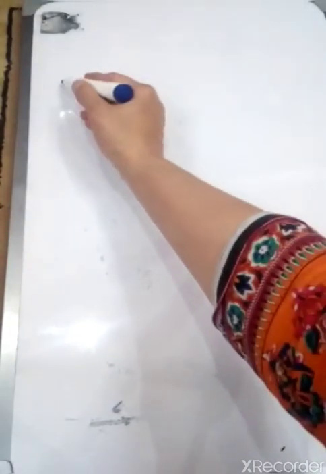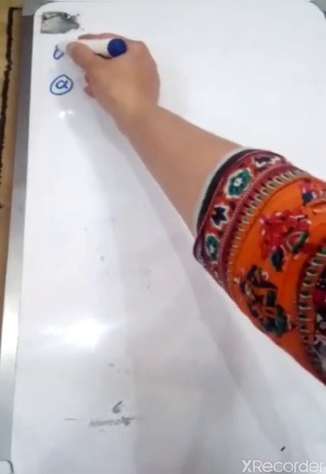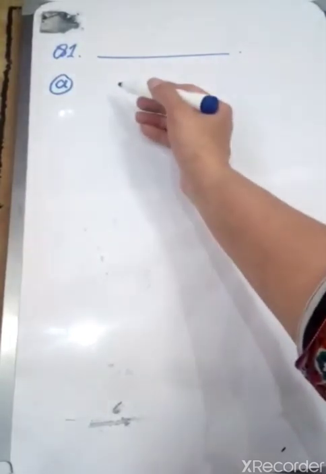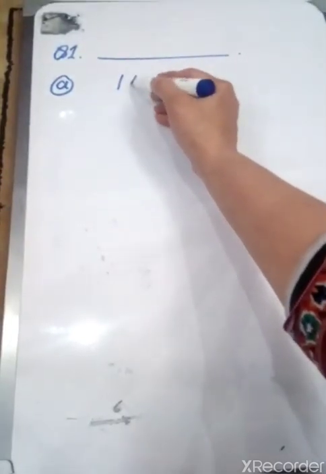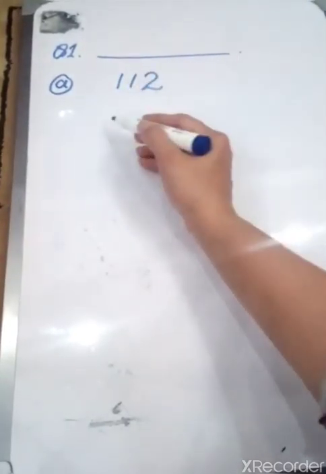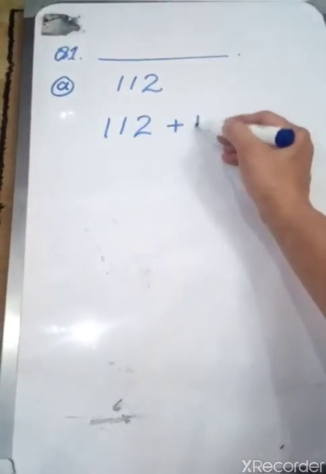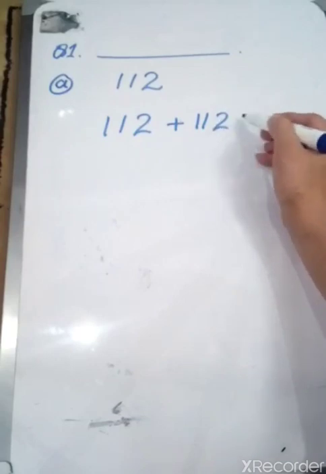Here I am going to do some sample questions for you. Write the question on the top, find the double or double the number, whatever question you have. So write the number here. It is 112. You can add it like this: 112 plus 112 is equal to.